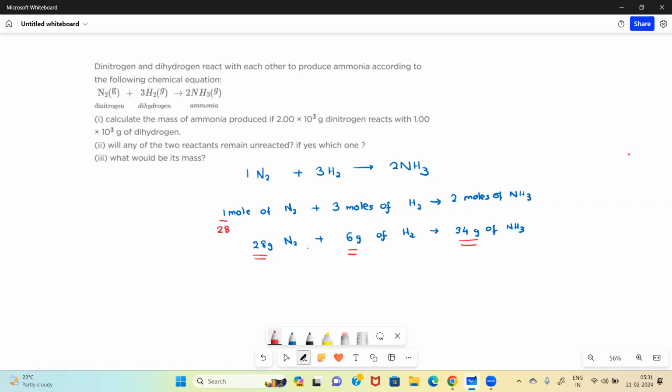So 1 by 28 of a mole of dinitrogen combines with 3 by 28 of a mole of hydrogen to give 2 by 28 of a mole of ammonia. 28 grams divided by 28 gives you 1 gram.